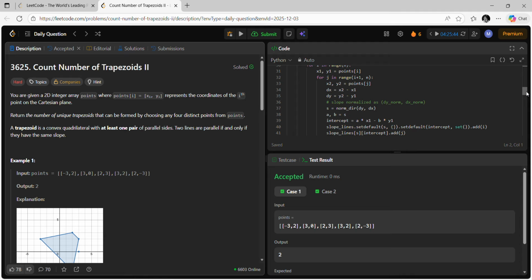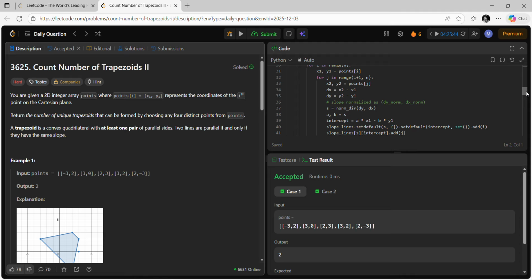For each unordered pair (i, j), compute the slope as the normalized direction (dy, dx). Then compute the intercept as a times x1 minus b times y1 for a normalized direction (a, b). This value is constant for points on the same line with that direction, that is, an integer representation of that line's identity.